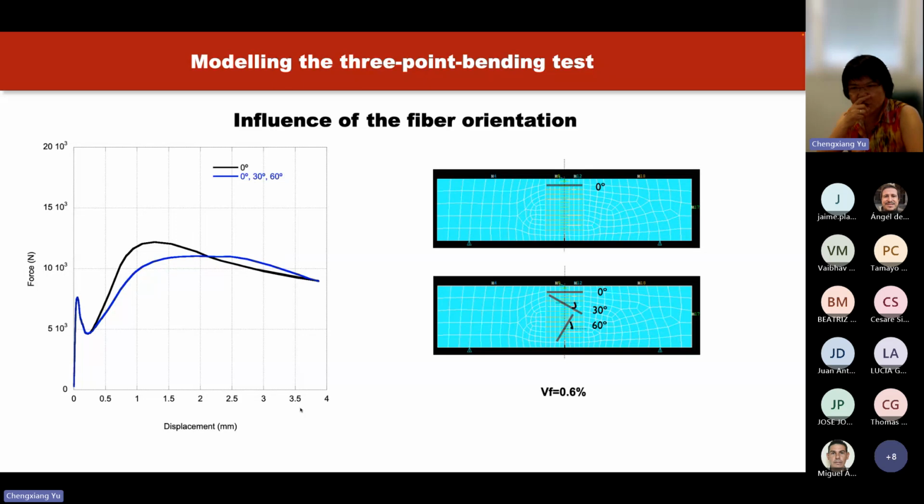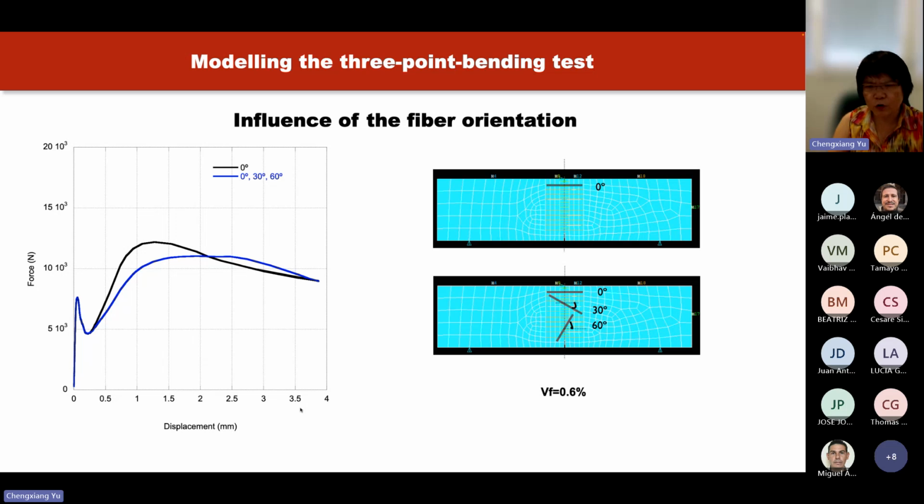And what you see here is the first comparison we have for the three-point bending test, if we model everything as 0 degree inclination, which means the fibers are taken best advantage of, and the comparison with different percentages of 0 degrees, 30 degrees, and 60 degrees.